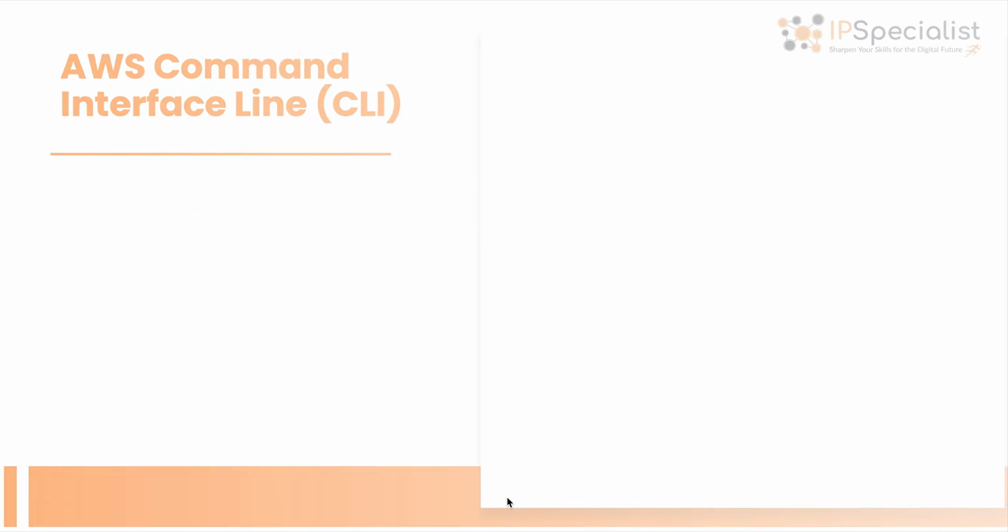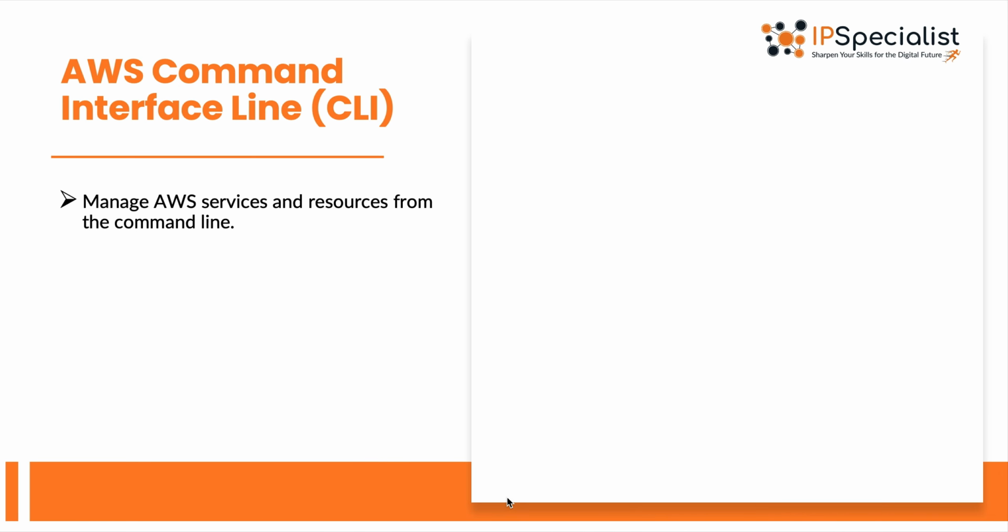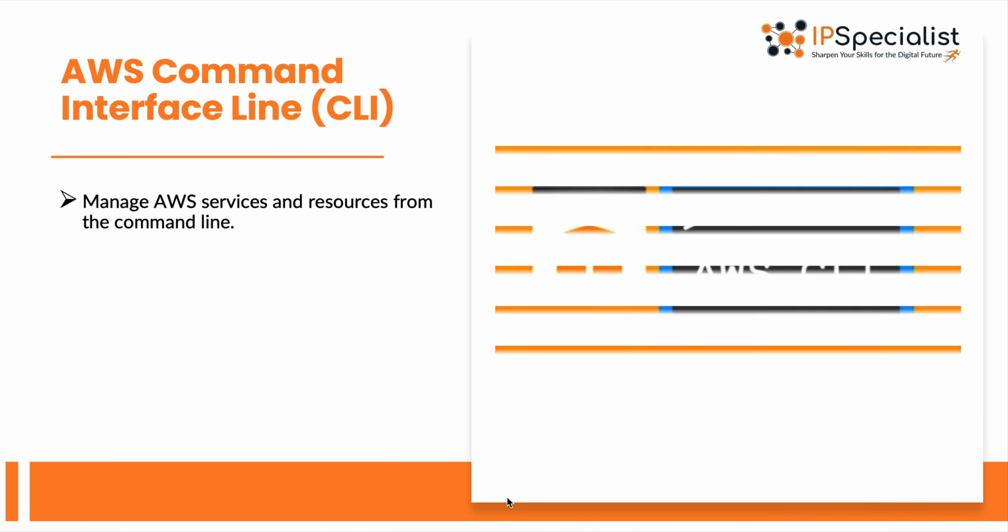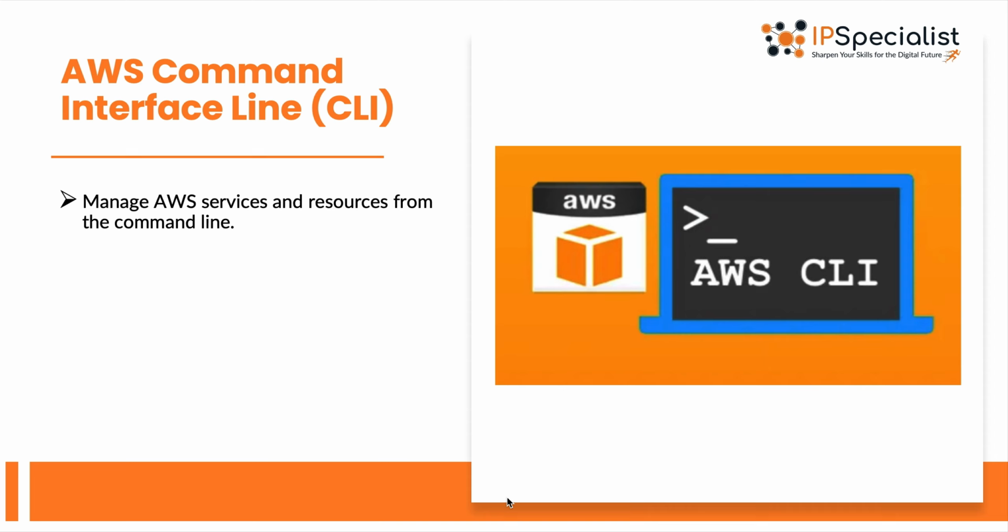Then comes AWS CLI. The AWS Command Line Interface, or AWS CLI, is a tool that allows users to manage AWS services and resources from the command line. It is like a superpower tool for anyone working with AWS. Imagine that you are managing all your cloud services through a set of powerful direct commands right from your terminal or command prompt.